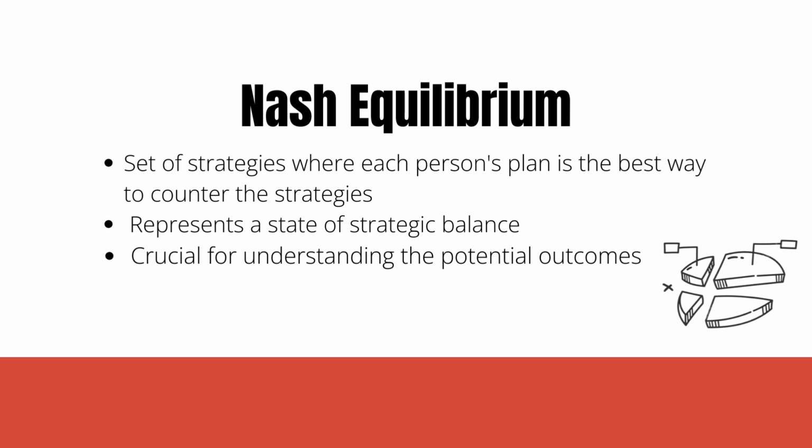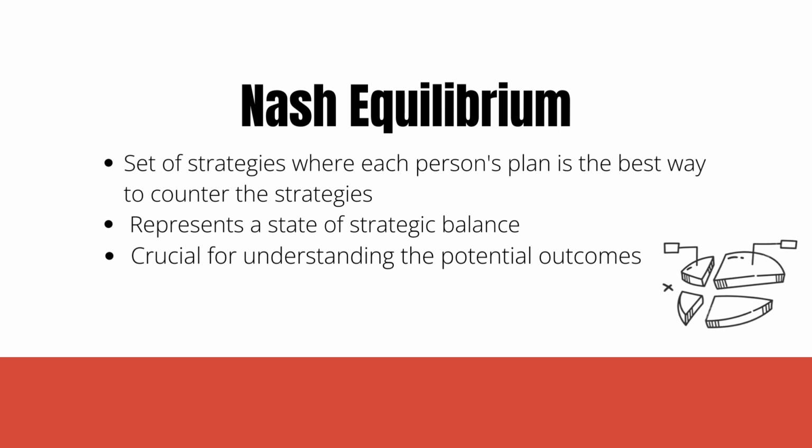Each player has one strategy, and the Nash equilibrium is a set of strategies where each person's plan is the best way to counter the strategies of the other players. Stated otherwise, given the strategies of the other players, no player can change their approach and increase their payout. Nash equilibrium represents a state of strategic balance where each player has found their optimal strategy.